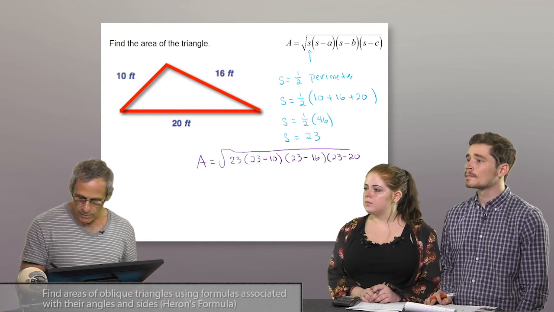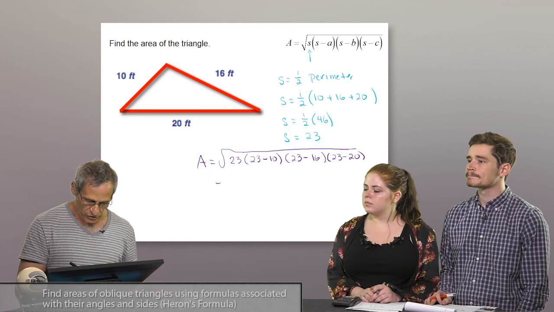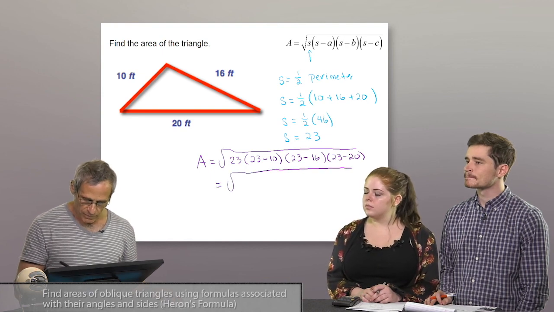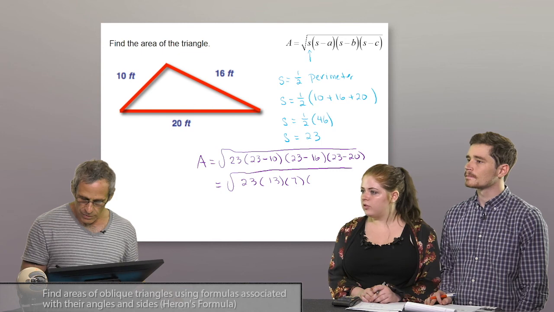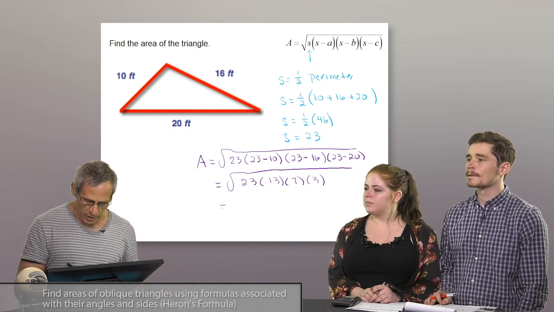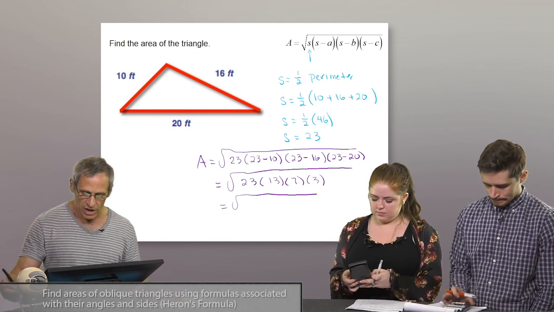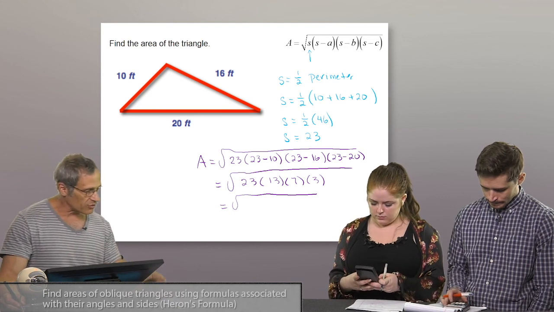Very good. So let's see if we can simplify what's inside the radical. I have 23 times what three numbers? Times 13, 7, and 3. Very good. So when you calculate it, please tell me what 23 times 13 times 7 times 3 is.